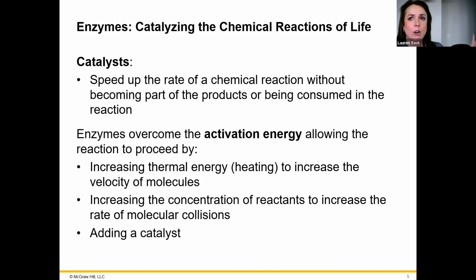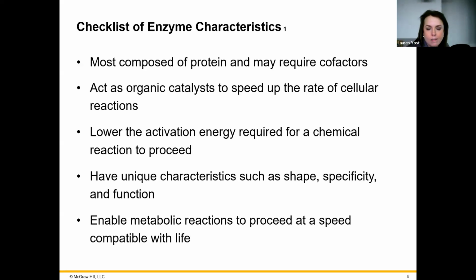Heating things up. We kind of already know that from doing experiments in chemistry. Heating something up excites the molecules, so they're going to be more active. Another way is increasing the concentration of the reactants to increase the rate of molecular collisions. On the chemical level, the more stuff you have in there, the more likely it is that the event occurs. And then finally, another way to overcome that energy is using the catalyst. So those are ways you can do it.